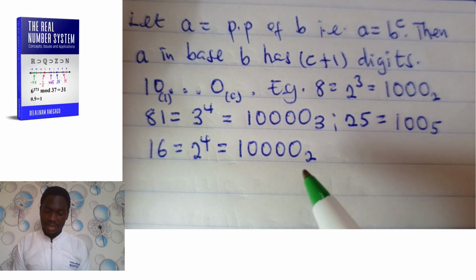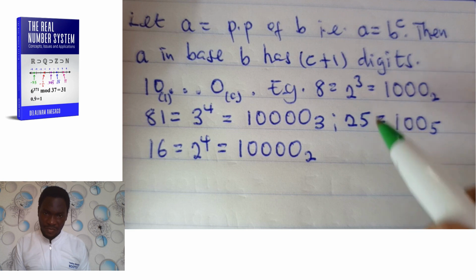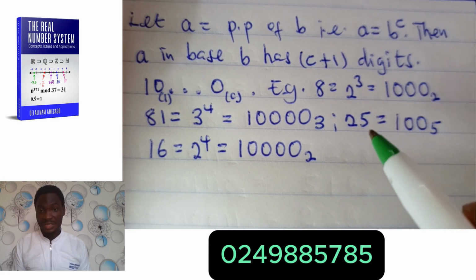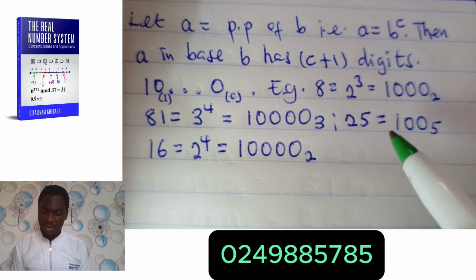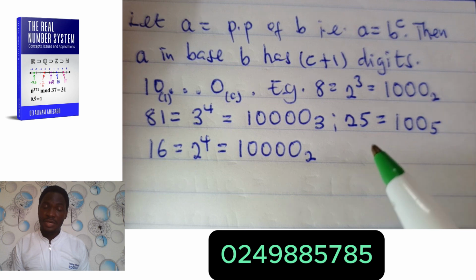It means that from 8 up to 15, all the numbers there, when expressed in base 2, are going to have 4 digits. And so if we know our powers and we are asked to find the number of digits of a given number expressed in a given base, we are good to go.